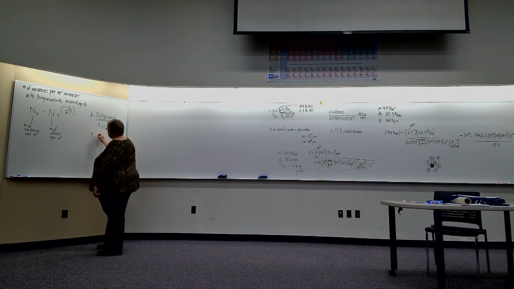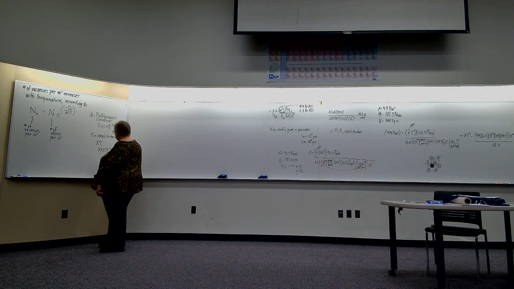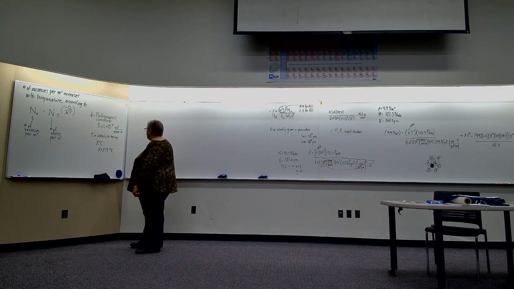T is absolute temperature. So if you have X degrees C, then that's X plus 273 degrees Kelvin. So whatever your degrees C is, just add 273.